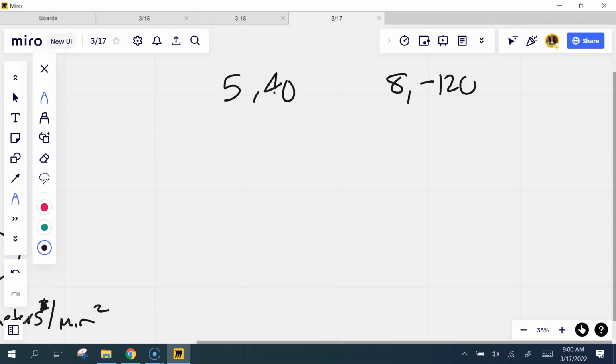If you showed somewhere the acceleration at 8 and the acceleration at 5, that negative 100 was in between those two values, that was a point. If you did set a conclusion with IVT, that was a point. It says conclusion using IVT. I would say you used the definition of IVT, you just didn't say intermediate value theorem.